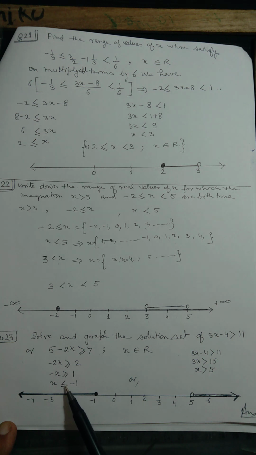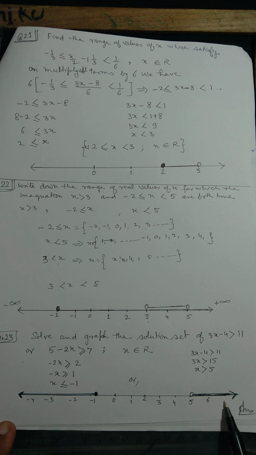The less than or equal to or greater than or equal to comes in the slack inequation category. So from minus 1 we move left hand side including minus 1, which is why I have darkened it, whereas 5 is not included, so a blank circle has been drawn. This will be the graphical solution for question number 23.